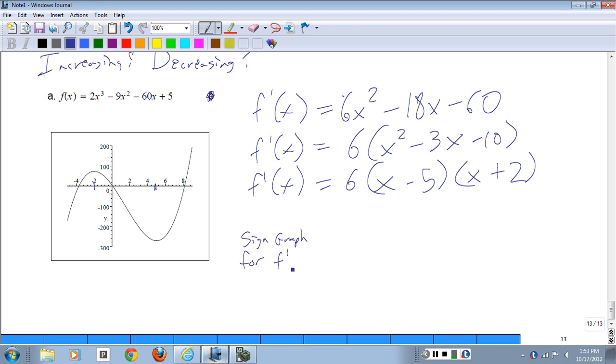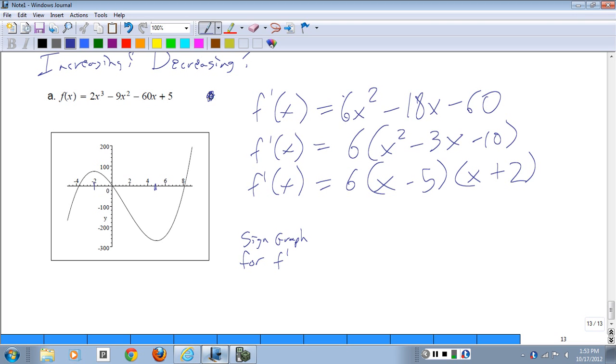for f prime. Now for the sign graph, we talked about critical numbers, also called critical points, in the section before last, the section before the Rolle's theorem, mean value theorem section. And we said that on an open interval, if a function has a relative extremum, it must occur at a critical number.